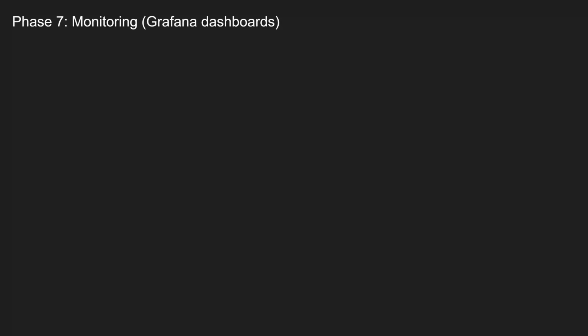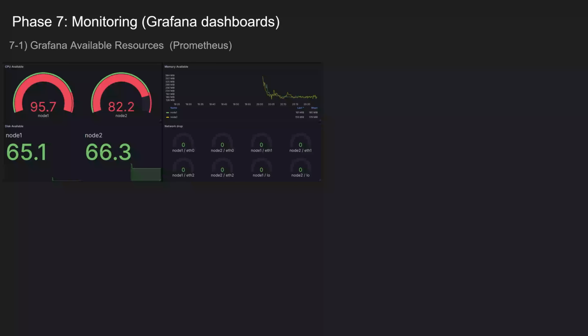And the next task is about creating other dashboards. For example, we can get the Prometheus data and create available resources dashboards, such as available CPU, available memory, or available disk. And lastly, we can even get the errors of each network.